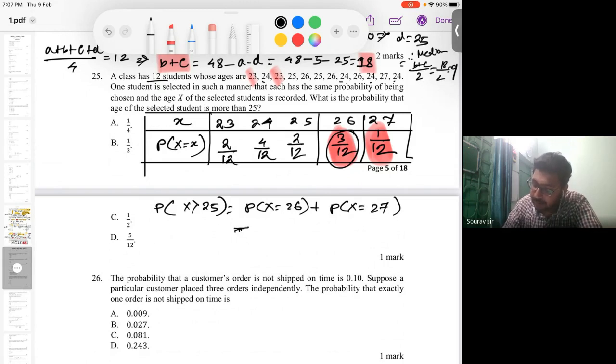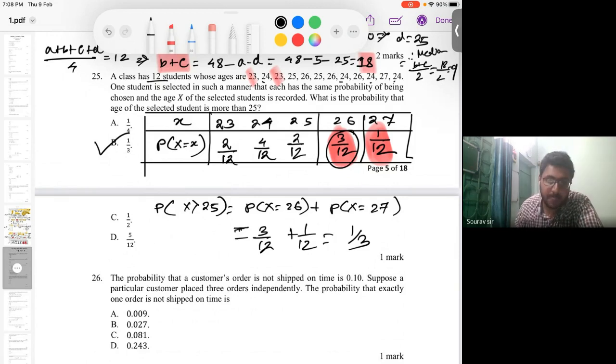From the above table, the probability for 26 is 3/12 and for 27 it is 1/12. Adding these two values, we get 1/3. So option 3 of question number 25 is the correct answer. Thank you for this part. We'll meet in the next part.